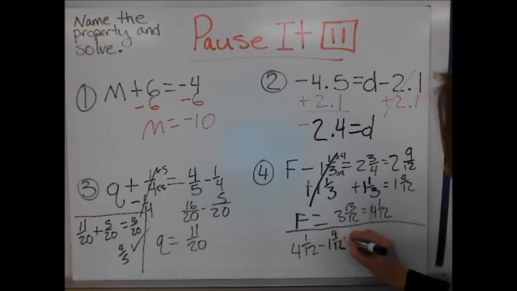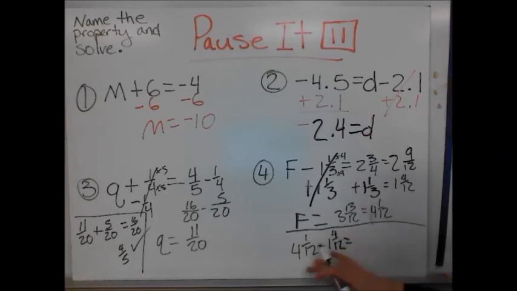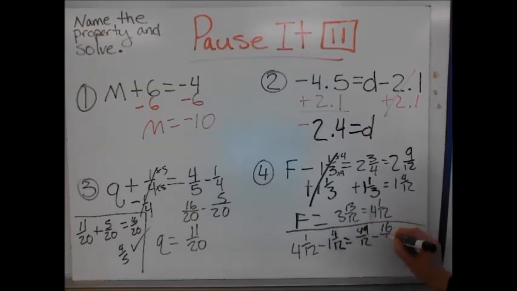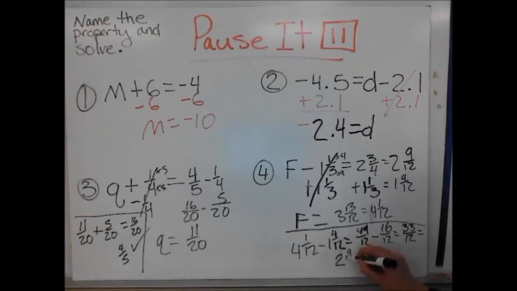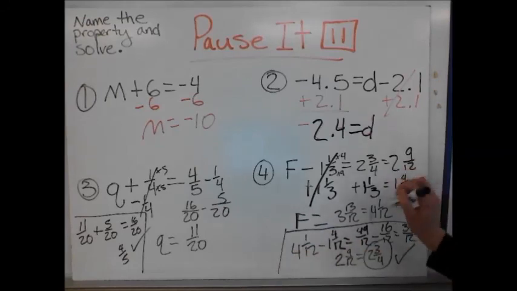Minus 1 and 4/12 equals, I'm going to need to change these to improper fractions. 49/12 minus 16/12, which is going to give me 33/12, which equals 2 and 9/12, which reduces to 2 and 3/4, which was our answer up above.